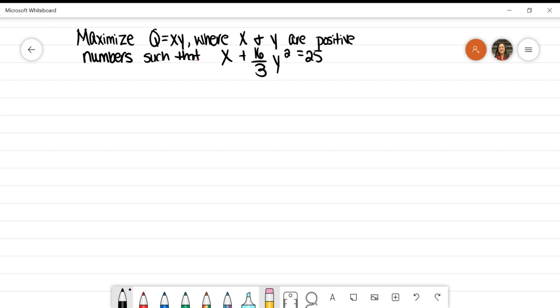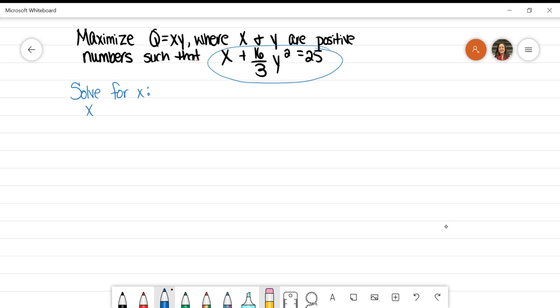Okay, so what I have here is two equations, two variables, which means that what I can do is take one of these equations, in our case, the second one, x plus 16/3 y squared equals 25, and solve for a variable. So I'm going to solve for x.